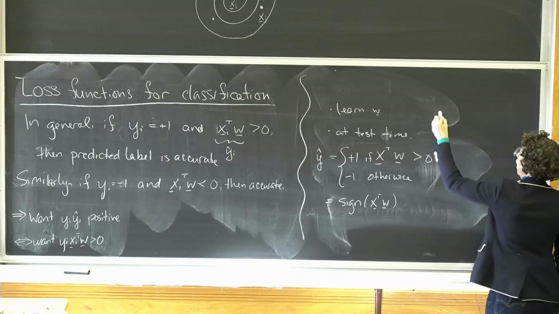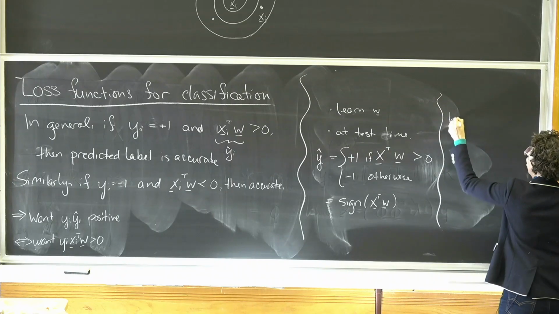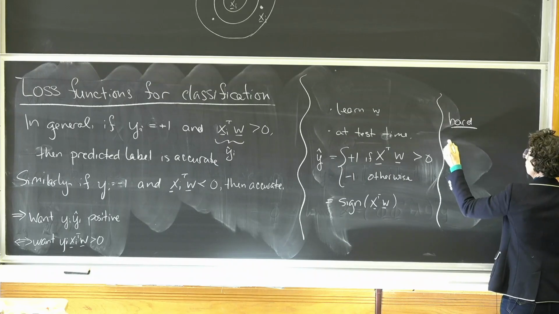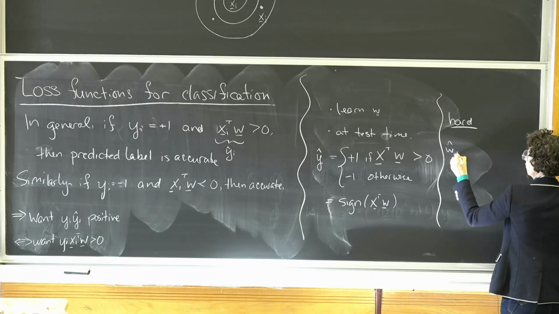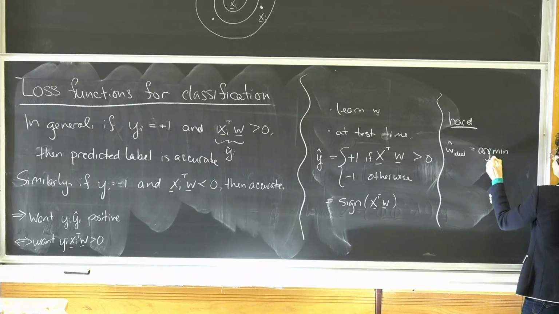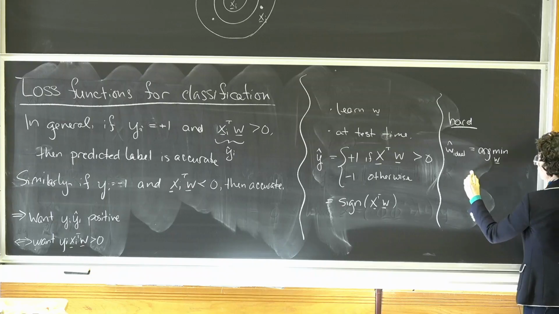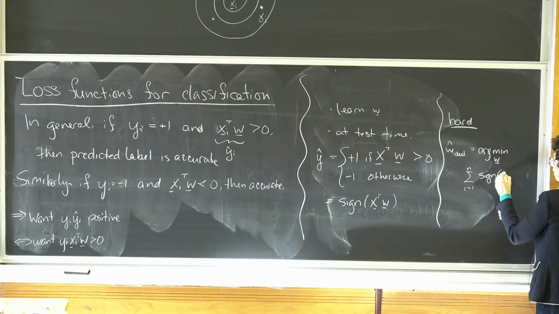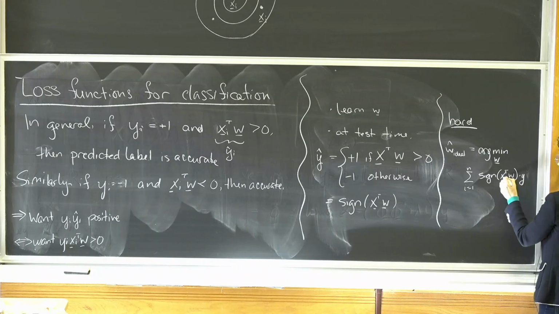The issue that we have is that it would be hard to find the W, let's say W hat ideal, which is the argument W that minimizes the sum from i equals 1 to n of the sign of x_i transpose W times y_i, or something like that.